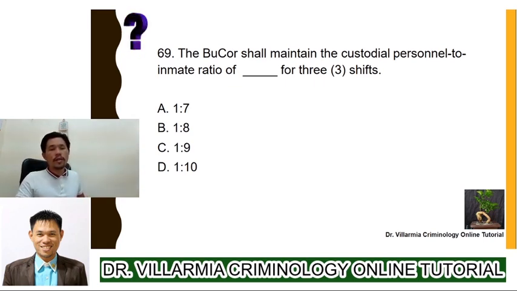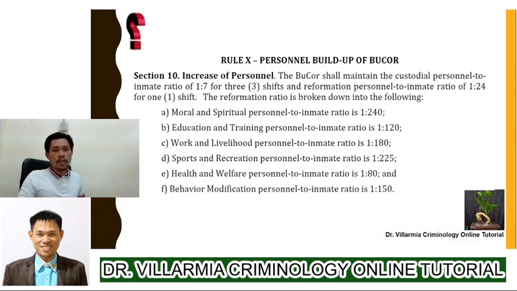We have here 1:7. In every 7 inmates, there should be at least 1 custodial personnel. Other ratios we have here are under rule number 10, the personnel build up of the BuCor.